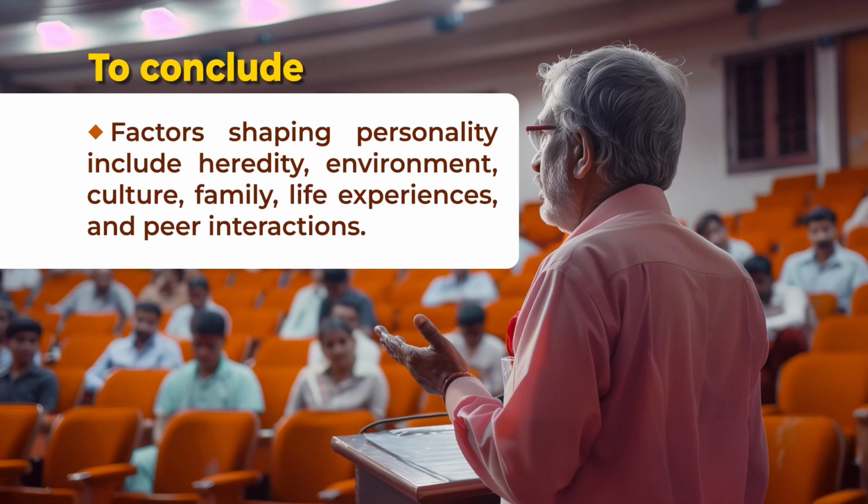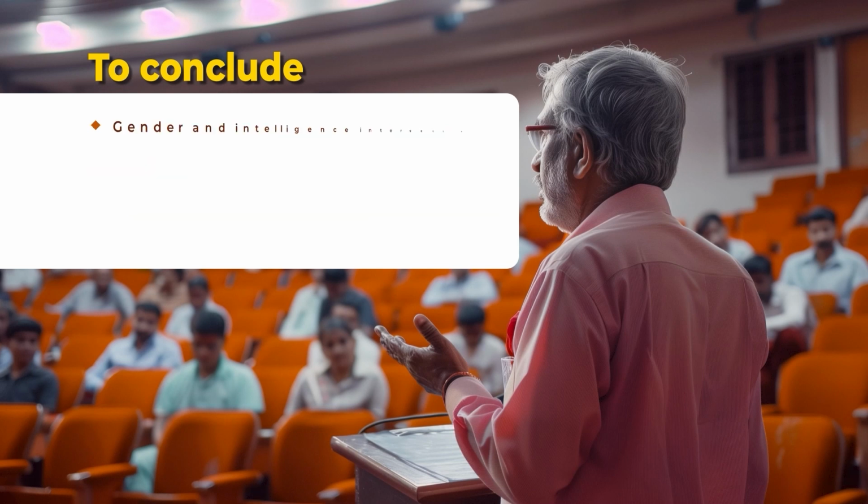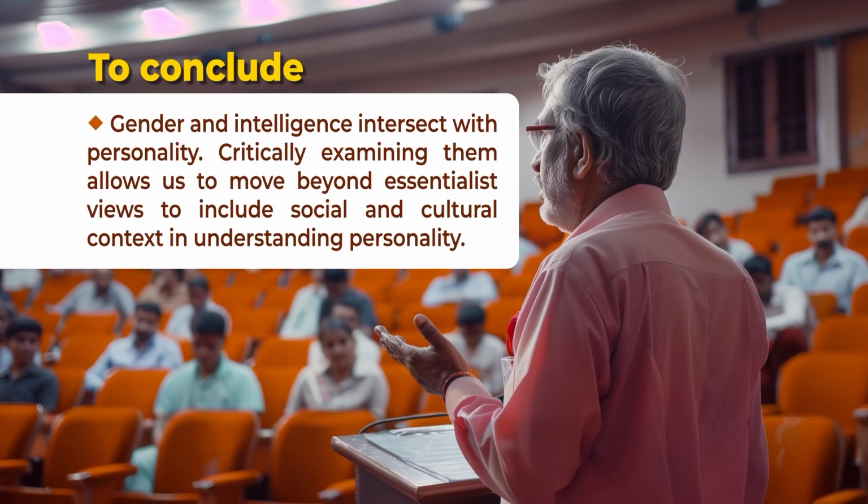Factors shaping personality include heredity, environment, parenting, early life experiences, culture, family experiences and peer interactions. Gender and intelligence also intersect with personality. Critically examining these factors allows us to move beyond essentialist views to include social and cultural context in understanding personality.